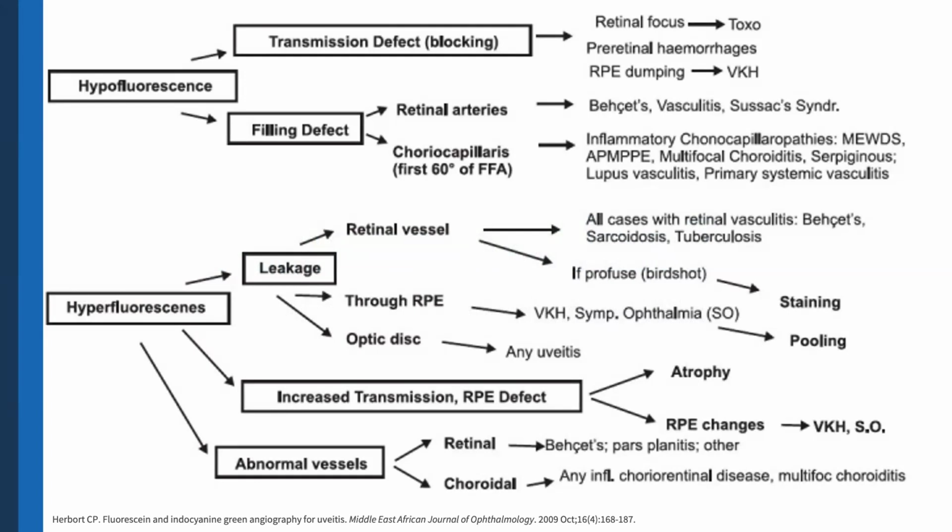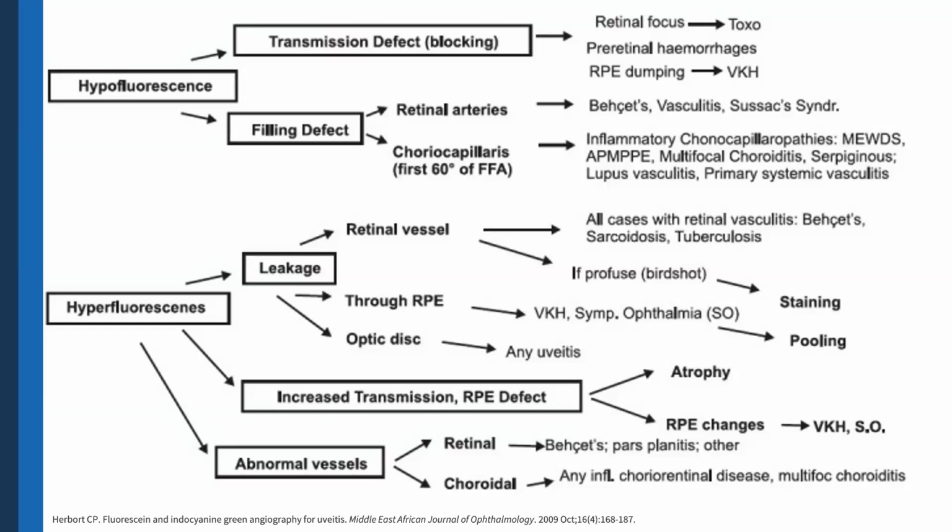For hypofluorescence, you have two: it can either be a transmission defect or a filling defect. And for hyperfluorescence, it can either be leakage, a window defect, or due to abnormal vasculature.